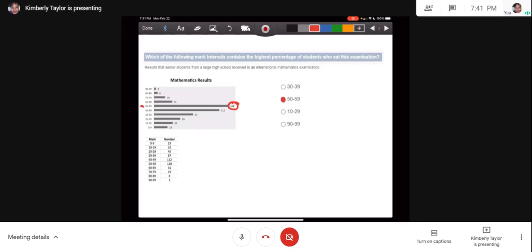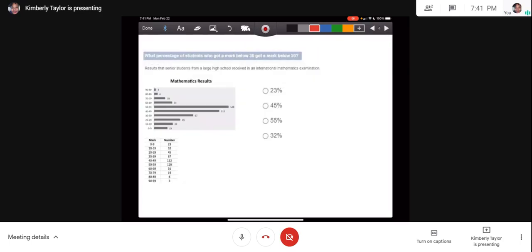So let's keep going. This question here says, what percentage of students who got a mark below 30 got a mark below 20? The wording is kind of funny, but let's take it step by step. So first, let's figure out how many students got below 30.